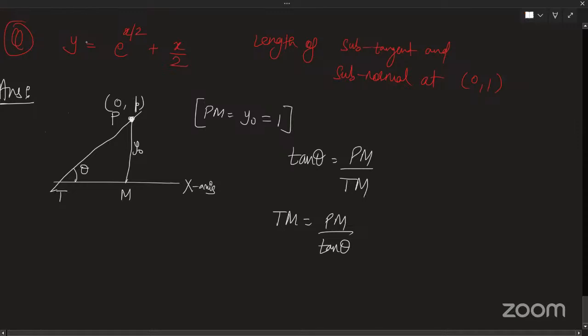Can you differentiate this curve for me? Can you tell me the value of dy by dx? The curve is e raised to x by 2 plus x by 2. What is the derivative of this curve?